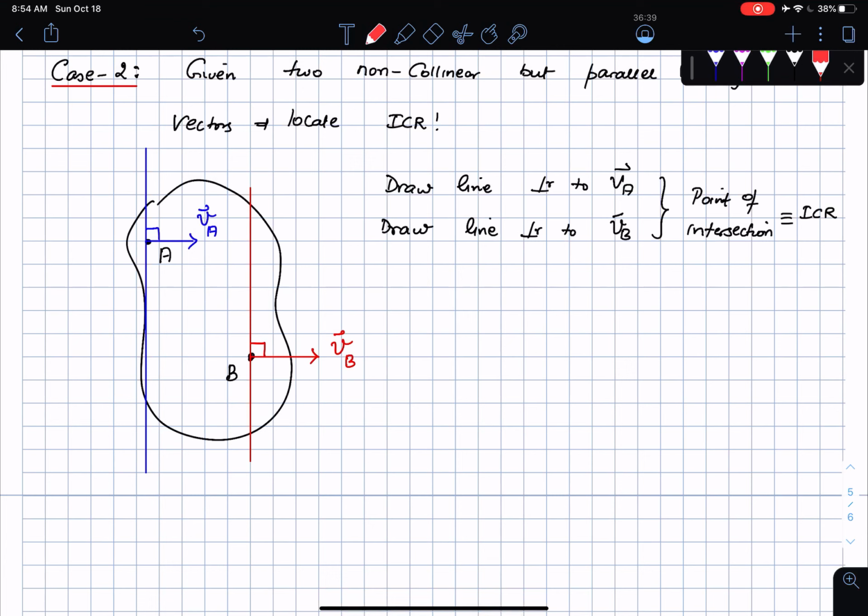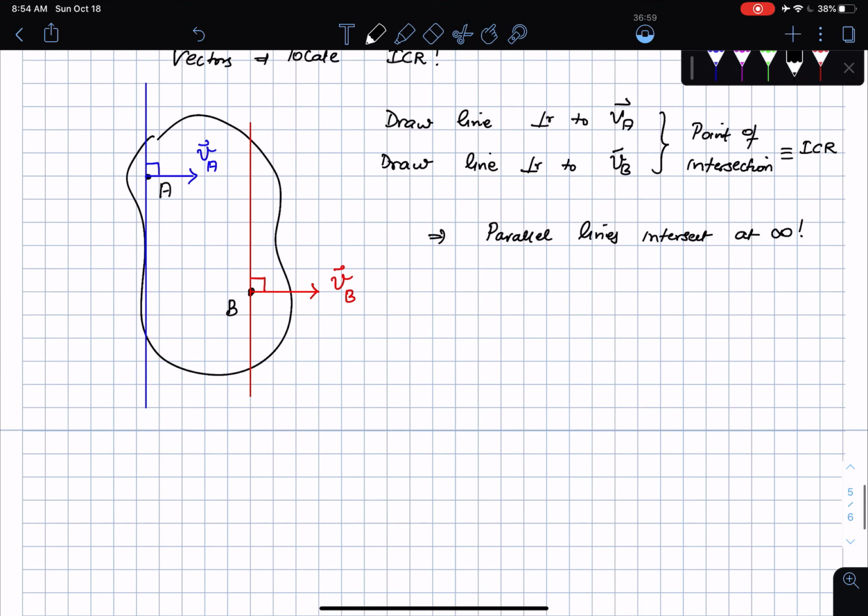They never intersect, or they intersect at infinity, which means that the ICR of this body is infinitely far away from point A and point B. The ICR is located at infinity.